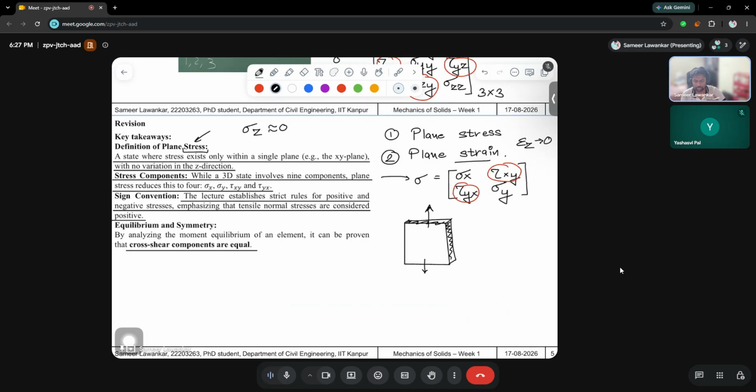Examples: suppose you are trying to model a material with very large length, for example a slope, or an embankment for a railway, rail lines. We cannot model the complete length, so we assume the strain in the z direction is approximately 0 and treat it as a 2D model. That is the basic difference between plane stress and plane strain. So I hope this is clear now.